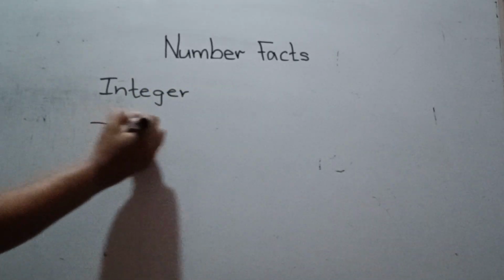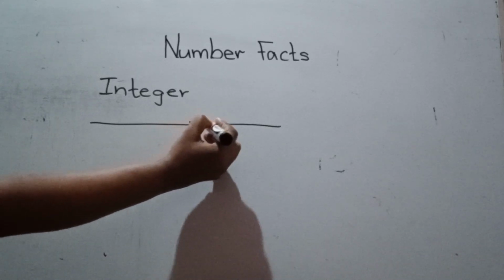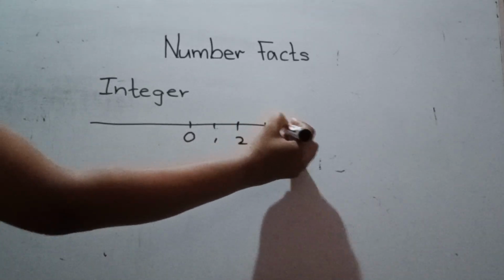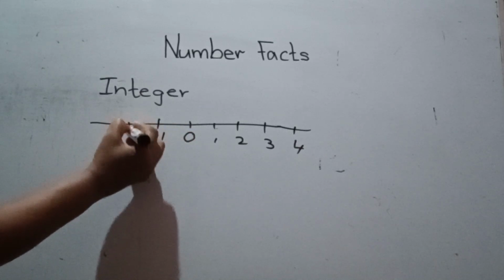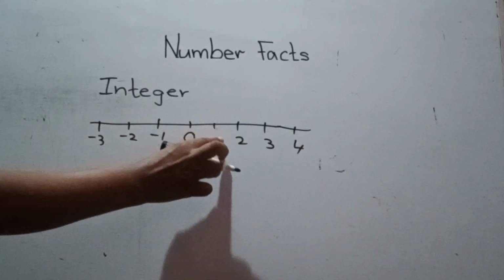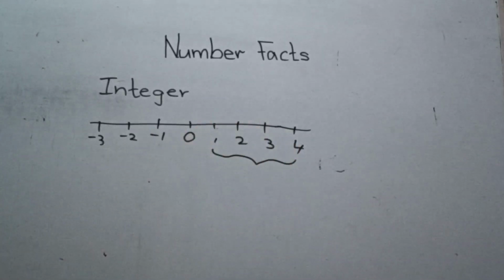Right. I'll draw a number line and mark 0. So 1, 2, 3, 4, what do we call those numbers?